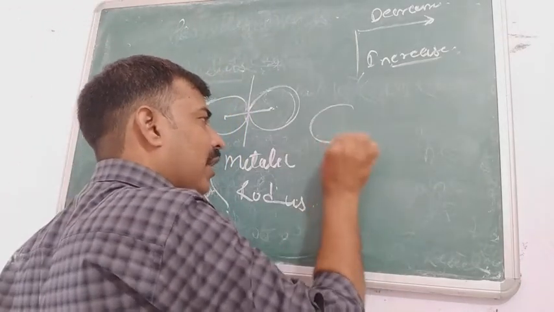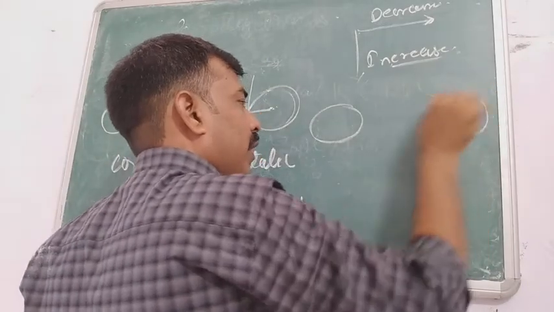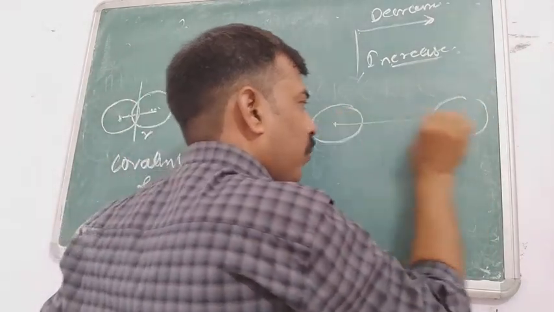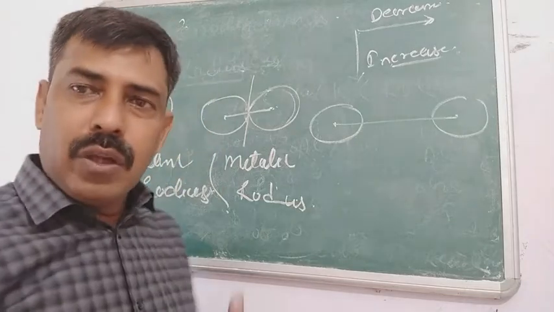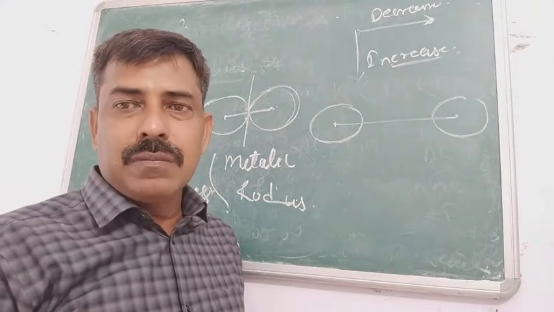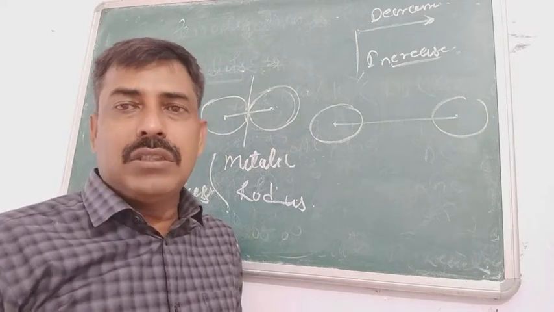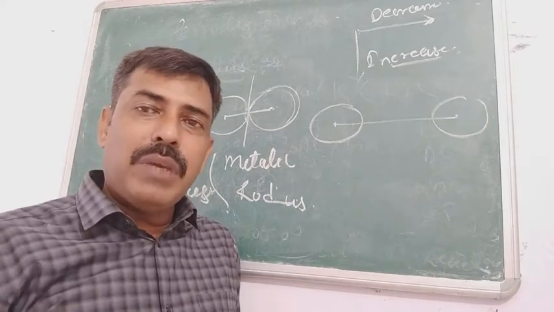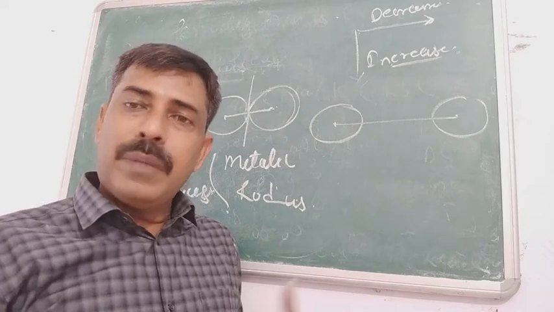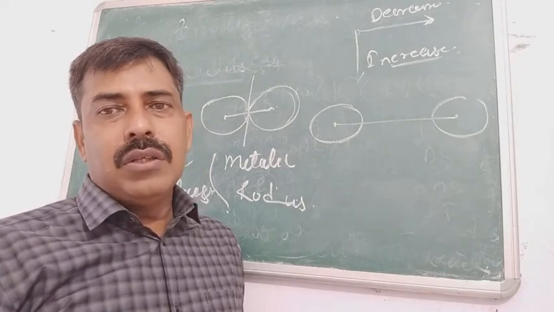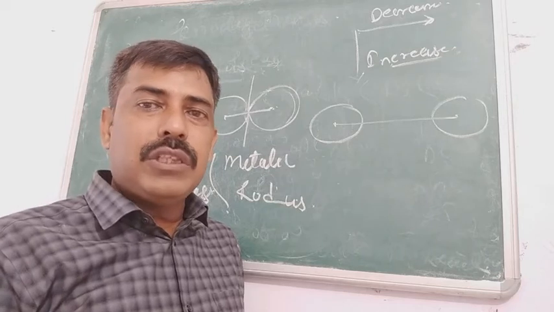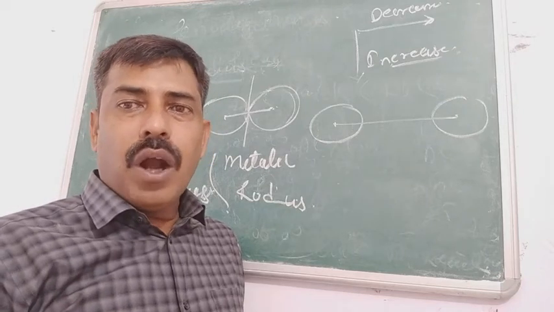But when you see the condition of van der Waals bonded atoms, that means when there is no chemical bond, only the van der Waals forces are attracting each other. For example, in the case of the inert gases, these gaseous atoms are not capable of making any bond. And if they are not making any bond, then whatever force is working between these atoms will be called the van der Waals force.